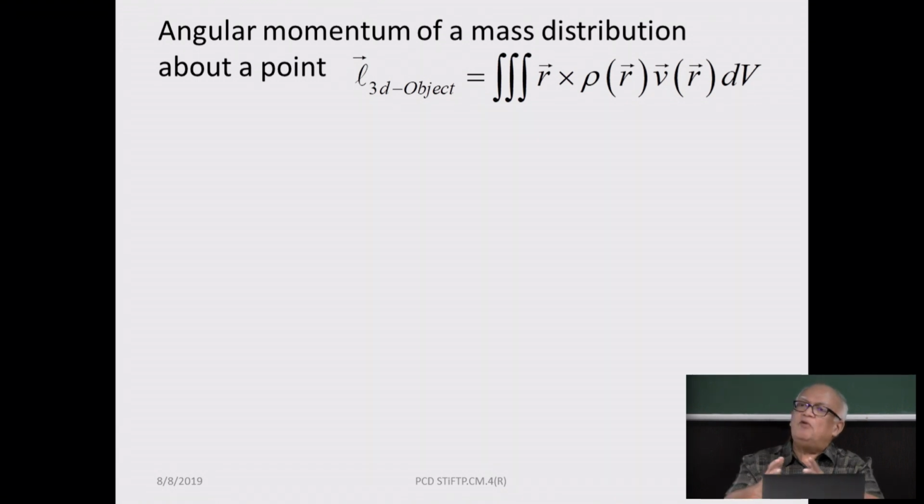So irrespective of what the mass distribution is, it can be a piece of rock with arbitrary shape, right? The net angular momentum about some point will be given by the integration now, because we consider this mass distribution to be extended and not discrete.